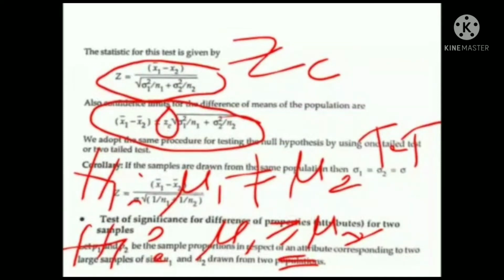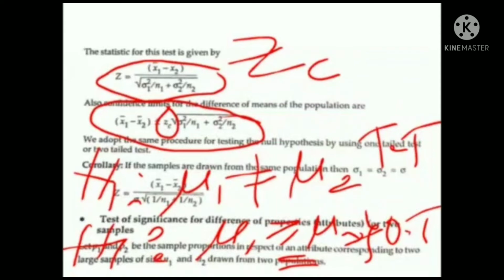In both these cases, it is going to be a one-tailed test. Why one tail? Because you are going to focus only on either the left side or the right side, either the left end or the right end of the normal curve, not on both sides.